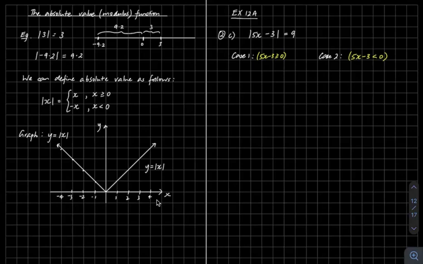So in that first case, if 5x minus 3 is positive, then taking its absolute value doesn't change it at all. So 5x minus 3 is 0 or positive, then applying the absolute value operator to it does nothing to change it.